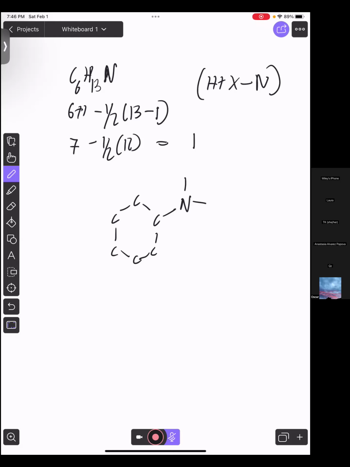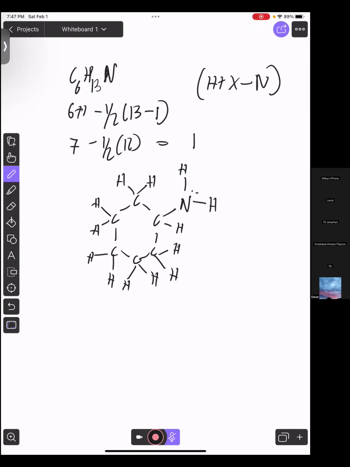Nitrogen needs 3 bonds. That's nitrogen's bonding pattern. And a lone pair. And then this carbon needs another, and I'm going to put a hydrogen there. That carbon needs 1 more. This one needs 1 more. This needs 2. This needs 2. This needs 2. This needs 2. And that would be an appropriate structure for this molecule.